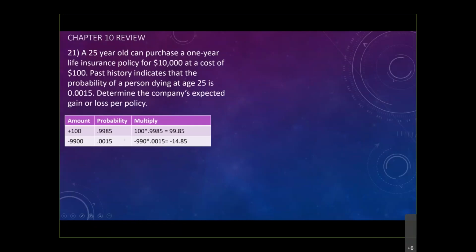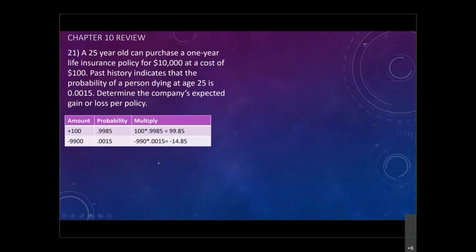Or if I know that the total area under the curve is 1, and I know that the portion is 0.0015, I have to take 1 minus 0.0015, and that's where I get the probability. And once we have this, all we need to do is multiply the 100 times the probability. This is 9,900. Small typo, it is 9,900, not 990.